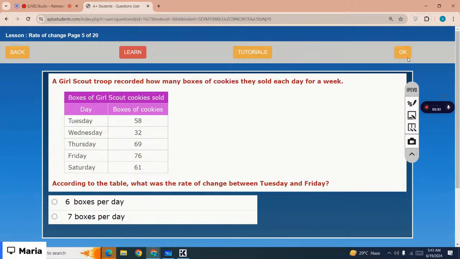That is 18, and 18 divided by 3 is, yes, 6 boxes per day. The correct option is 6 boxes per day. Okay, you can complete the lesson by yourself later today.